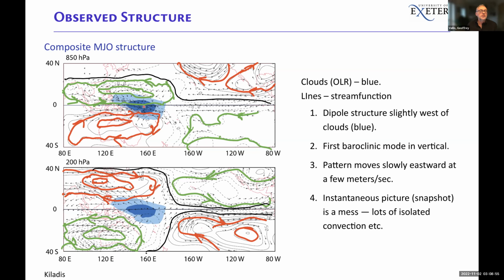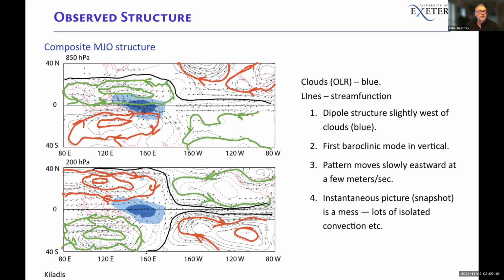And what you can see are two things. First, it has a relatively simple vertical structure, in that the structure at 850 hectopascals is almost, in a sense, the mirror image of what it is at 200 hectopascals. Just the signs have changed.